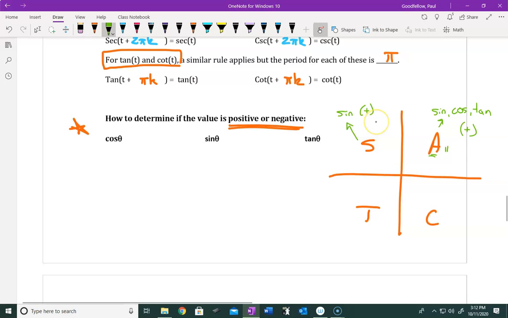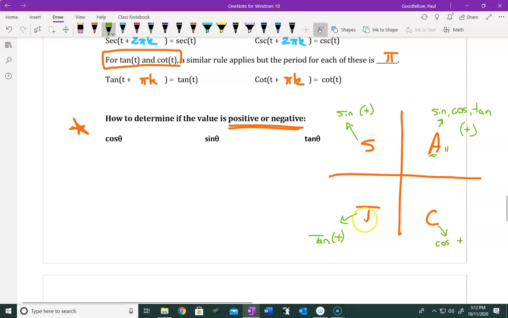Sine's the only one positive, which would mean cosine and tangent are negative there. That makes sense. Cosine being x would make it go in a negative direction and automatically cause it to be negative. Okay? Tangent happens to be the only one positive in the third quadrant, and sine and cosine are both negative. And in the fourth quadrant, only cosine is positive because you're only going in a positive x direction, but the y's are negative, all right?